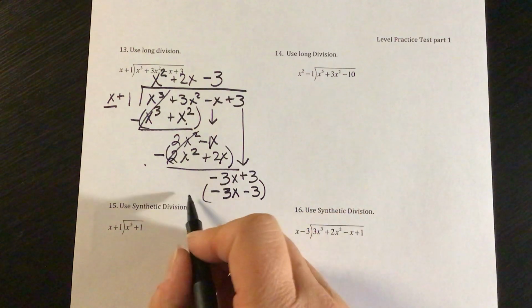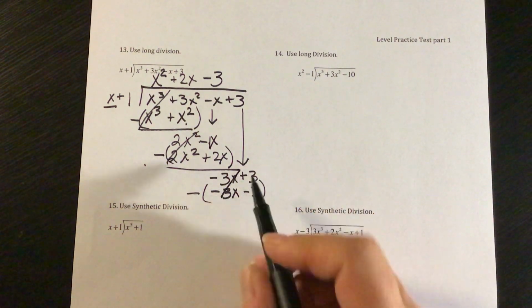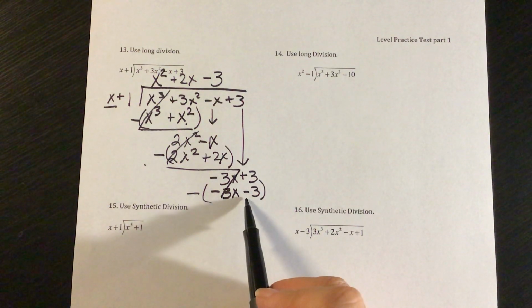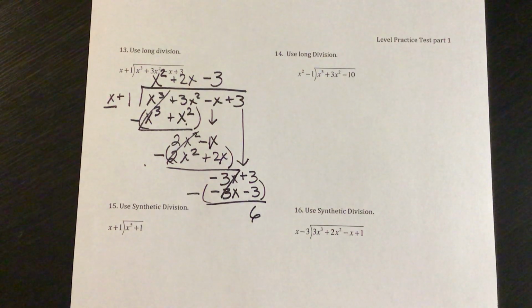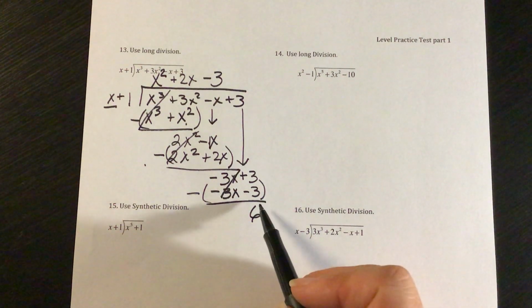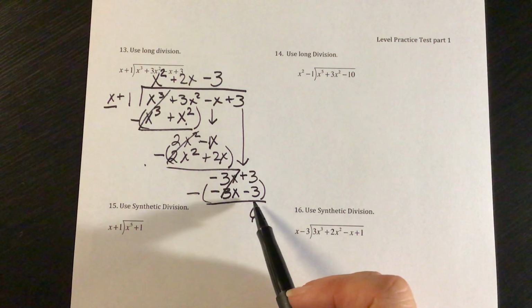If I subtract, I'm going to have nothing, and then 3 minus negative 3 is 6. Okay, don't be fooled because you have 3's here that they're going to cancel. Remember, we're doing subtraction.